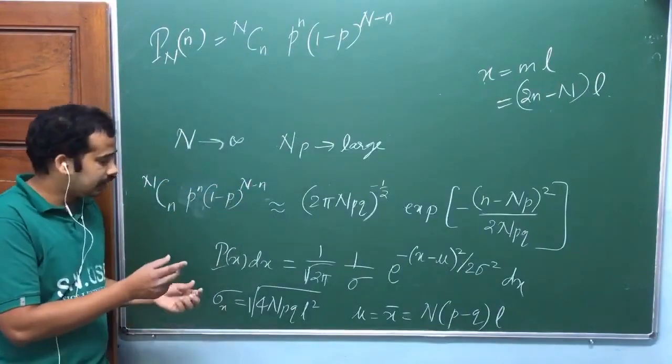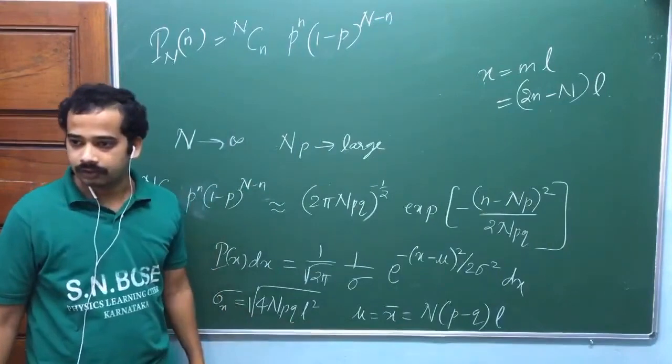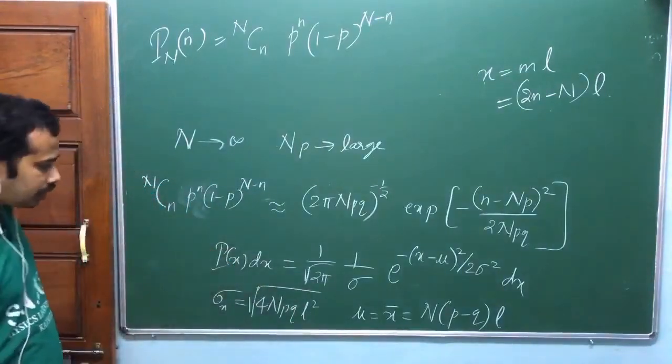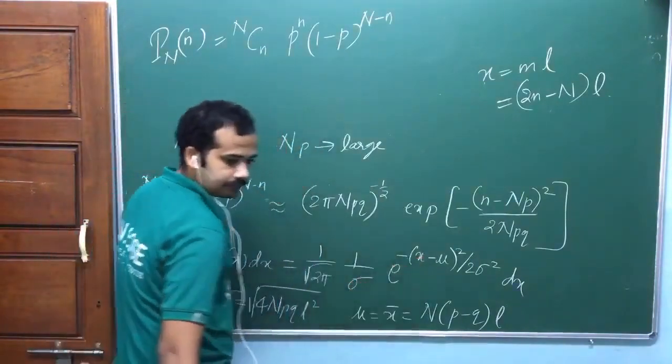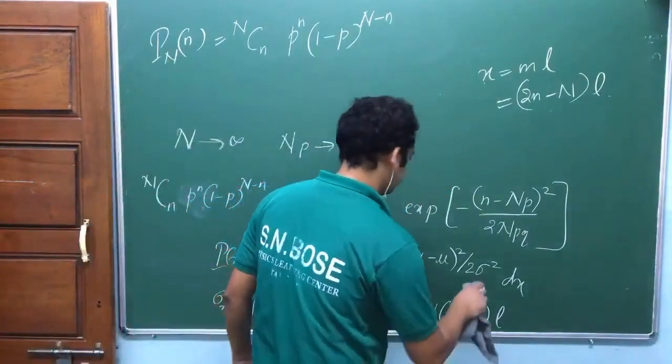Then you can take each length L as very small compared to the distance we talked about. So we convert that into a continuous distribution, and that's a Gaussian distribution. You can see it's a Gaussian function. Sigma here, sigma of x actually.